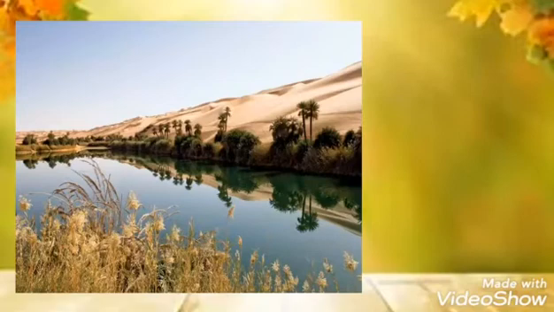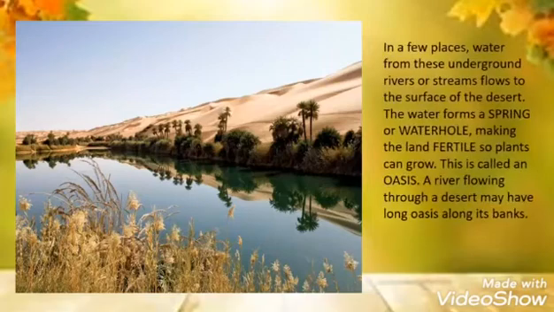Some of these rivers and streams bring water from mountains hundreds of kilometers away where there is heavy rainfall or snow. In a few places, water from these underground rivers or streams flows to the surface of the desert. The water forms a spring or water hole, making the land fertile so plants can grow. This is called an oasis.